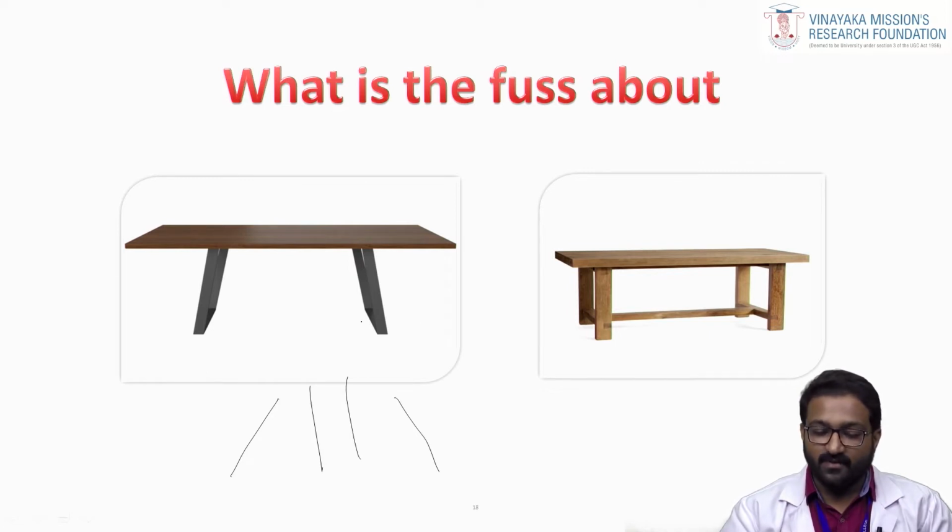So you can see two pictures, right? In the right picture, there is a table with a straight leg. See the cantilever, how much length outside the leg the table can withstand. That is only minimal. On the left hand side, can you all see the picture? It has an angulated leg.